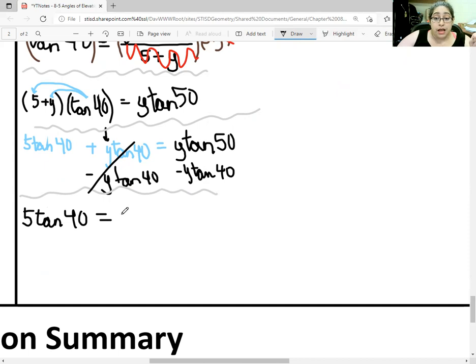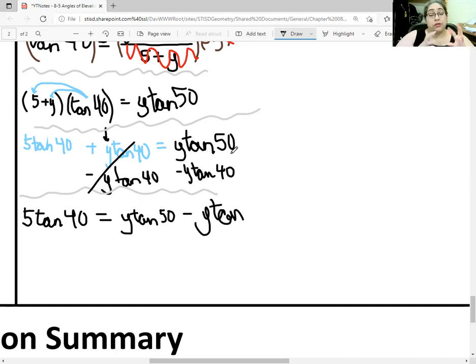But on the other side, I have y tangent of 50 minus y tangent of 40. Now it feels like we should be able to subtract all of this and just have 50 minus 40. But unfortunately, we have all these other things happening to the 50 and the 40. I have the 50 and the 40 both getting shoved into the tangent box and stuff happening to them, and I have whatever result falls out of that tangent box getting multiplied by whatever y is.